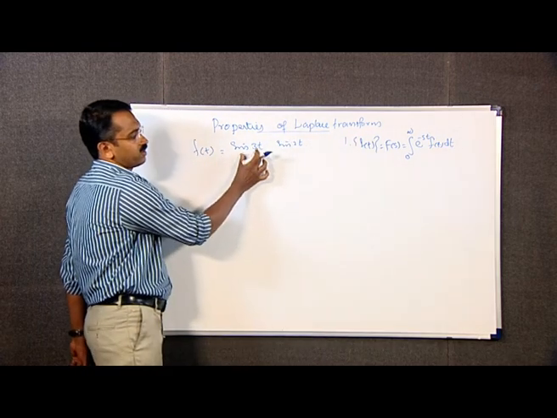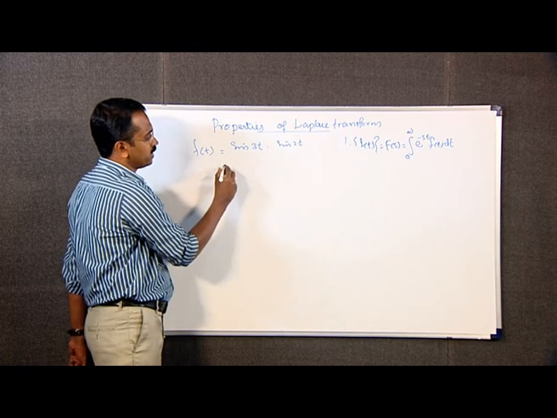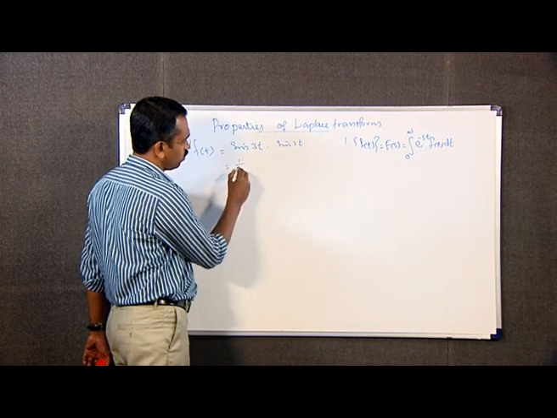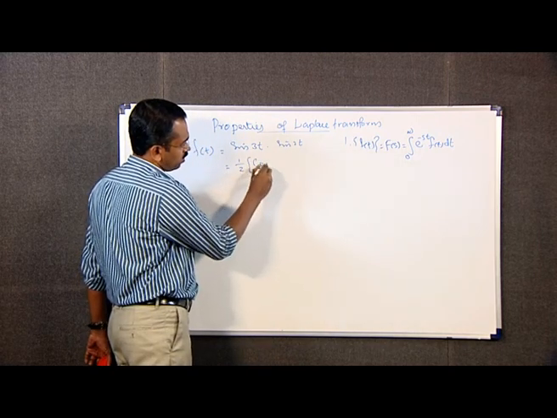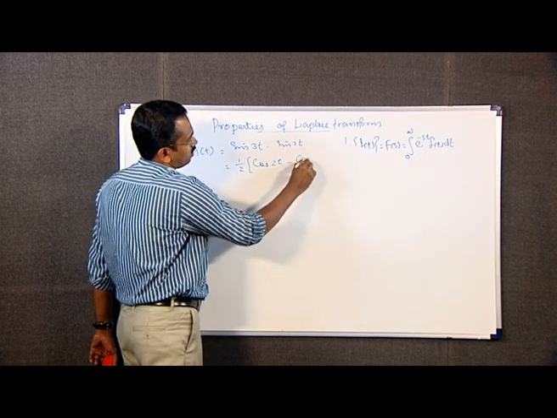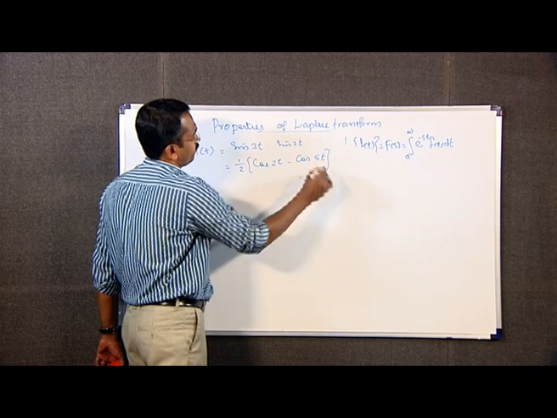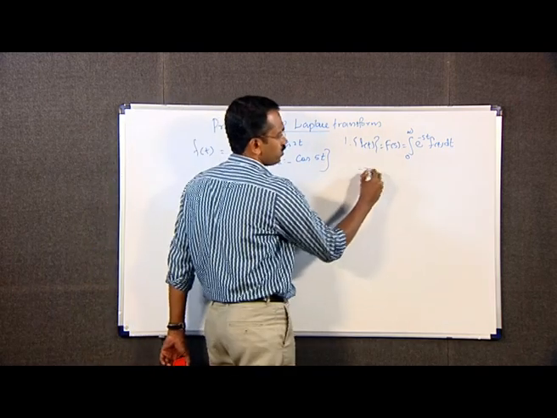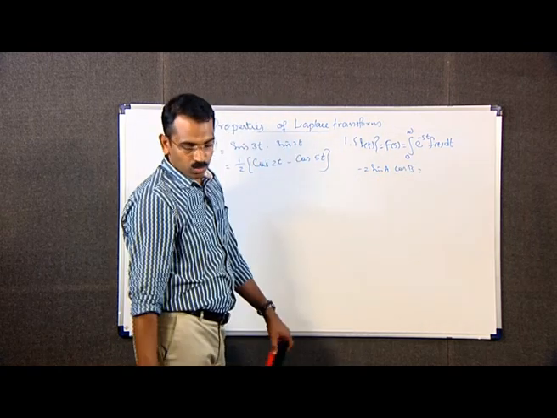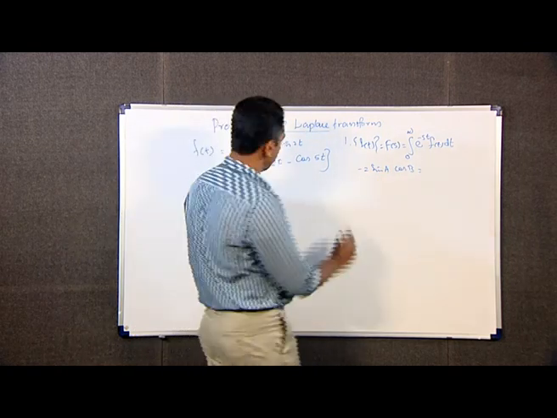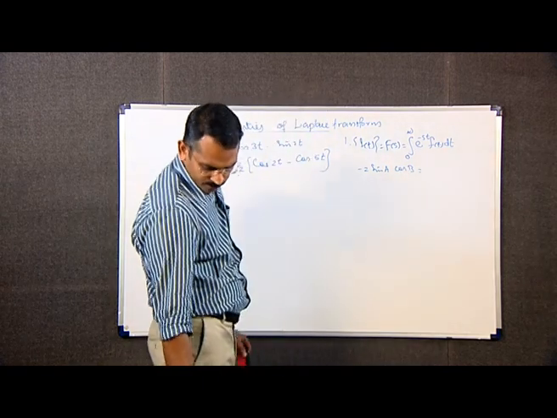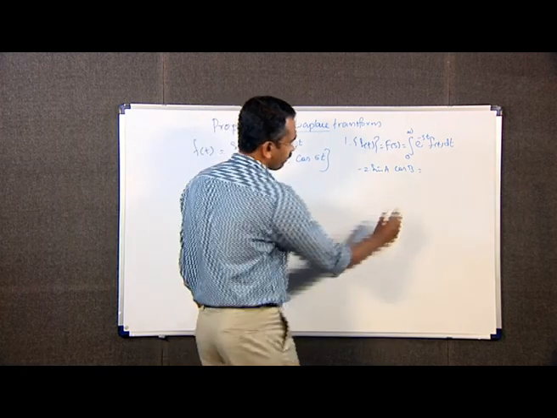We can write this function sin 3t into sin 2t as 1 by 2 into cos t minus cos 5t, because minus 2 sin a sin b is equal to cos a plus b minus cos a minus b.